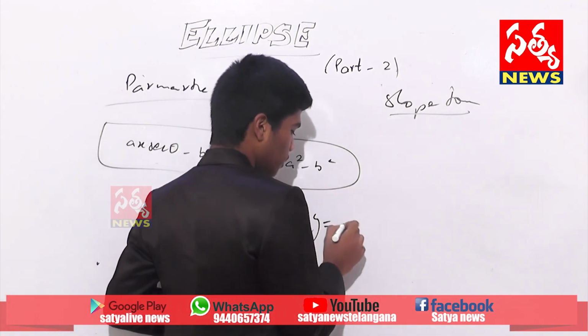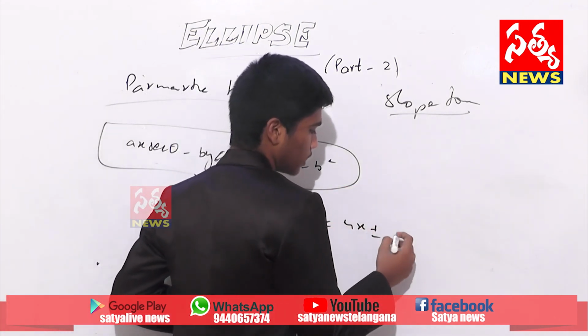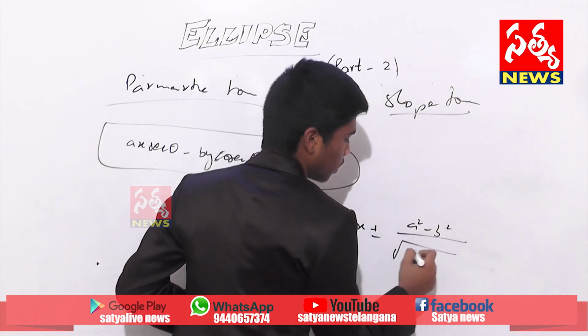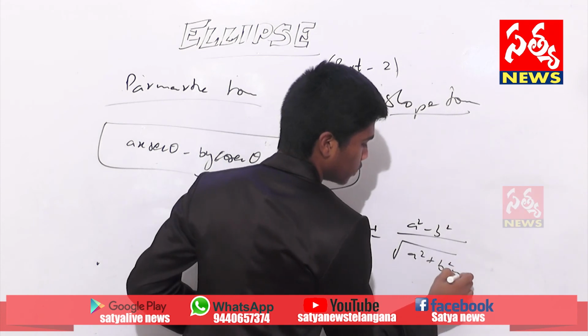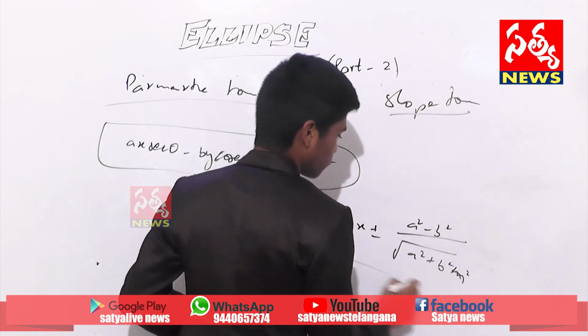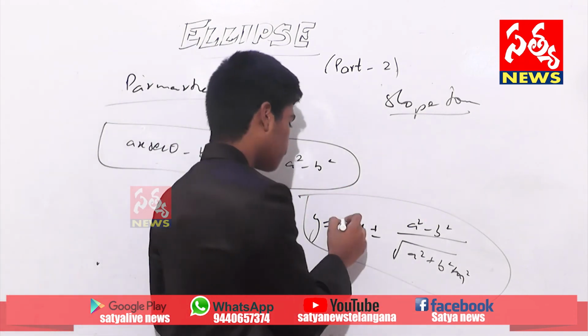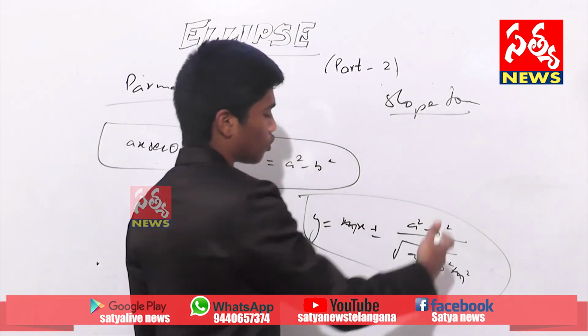And here the slope form is y is equal to mx plus or minus (a square minus b square) by under root of (a square plus b square m square). This is the slope form of the normal.